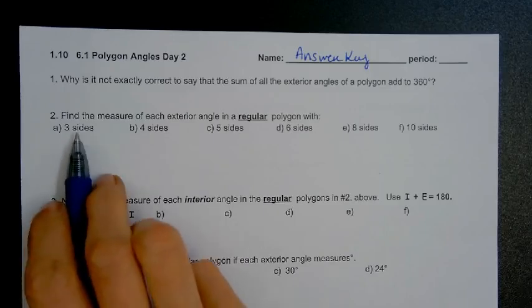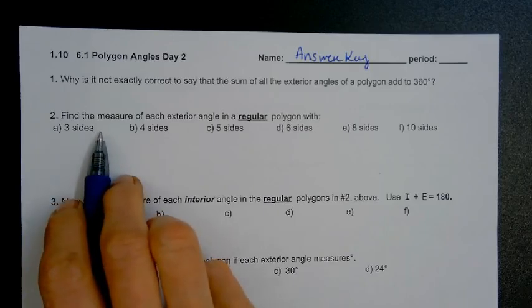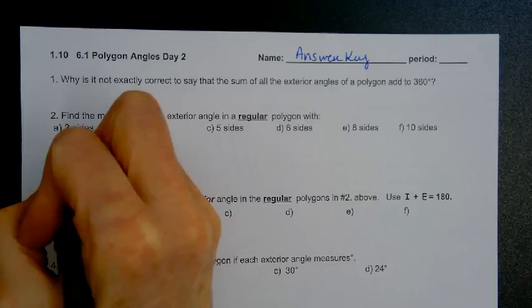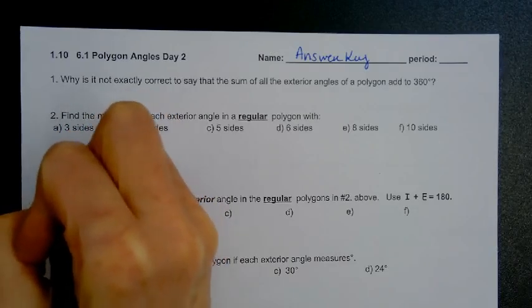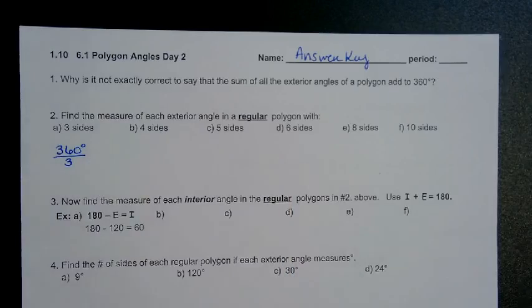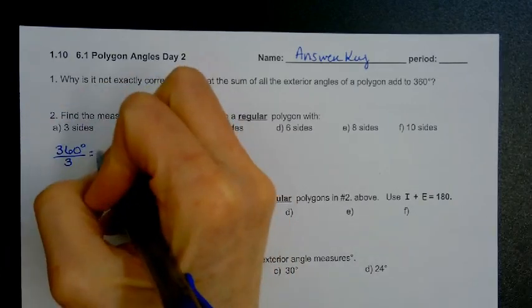But number 2, find the measure of each exterior angle in a regular polygon. Okay, so we're going to find the measure of each exterior angle. Remember, exterior angles add up to 360. So if we have 360 degrees divided by 3, that will tell us how much each angle will be.